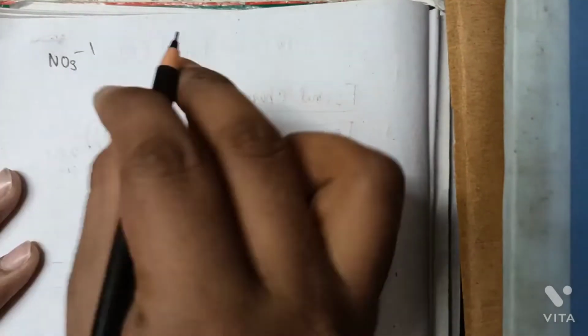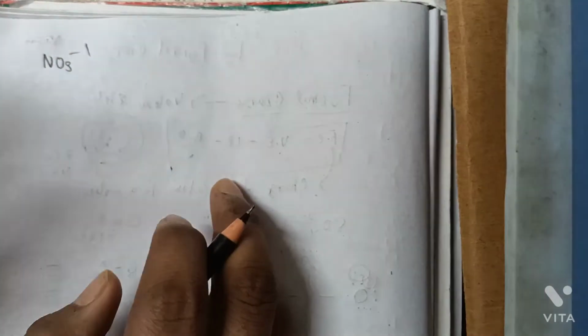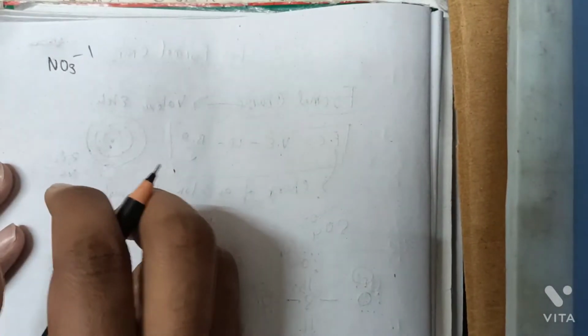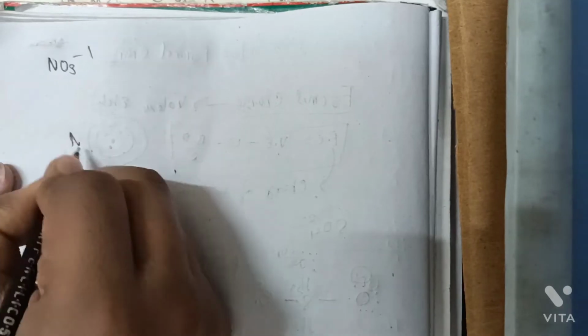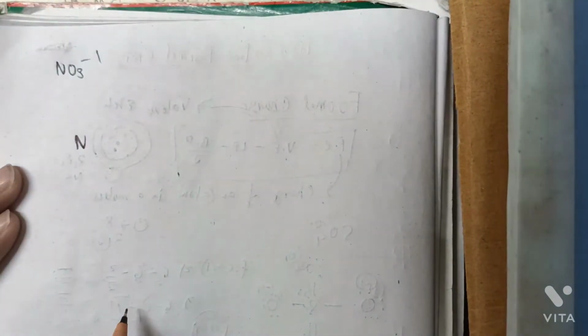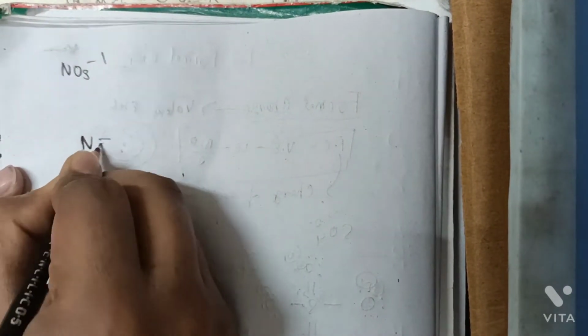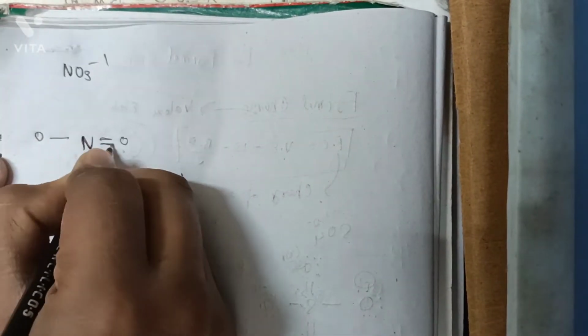First of all, we have to draw the structure. As we all know, in the structure of nitrate ion, nitrogen is the central atom. There is a double bond O, a single bond O, and a single bond O. This is the structure of nitrate ion.